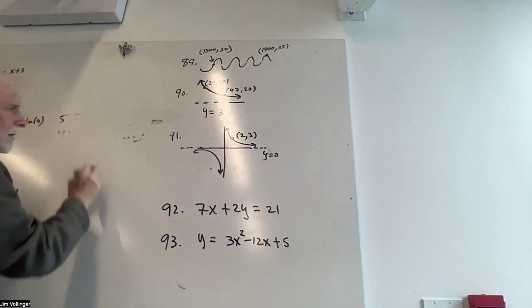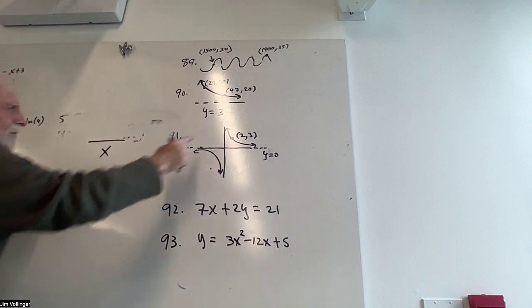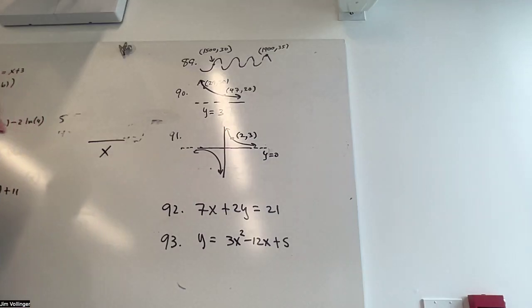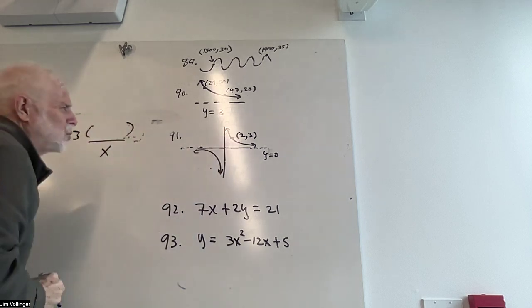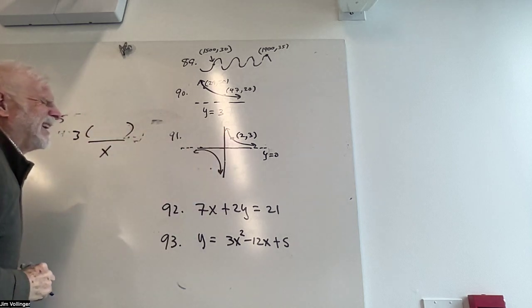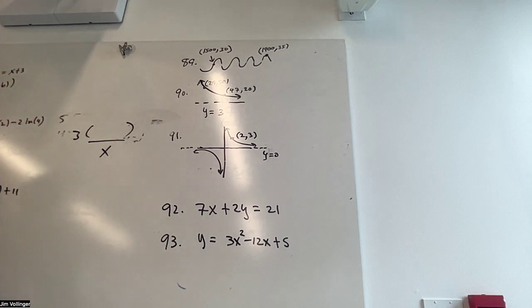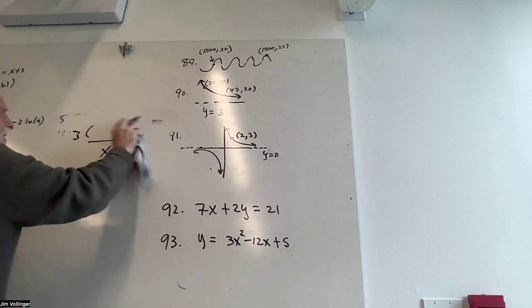Number 90, y equals 0 puts an asymptote, x is 0, so that's an asymptote. I'm going to 0, and I need 3, so I need 3 times whatever makes a 2. x minus. I want a 3, and that's a 2, so I need 6x.